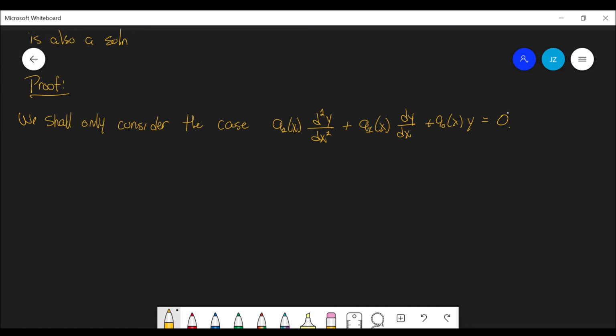Well, we're going to let L denote the operator a2 of x d squared plus a1 of x d plus a0 of x.